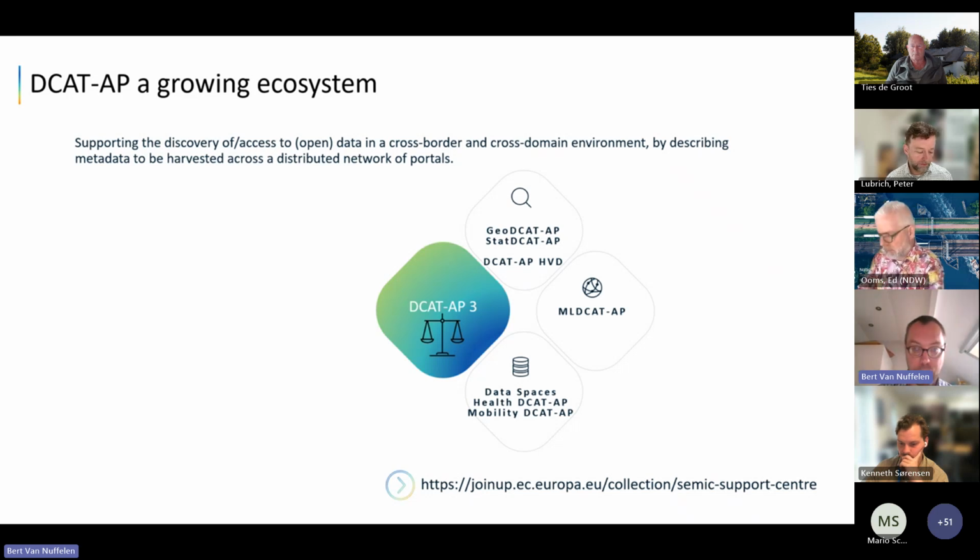We have mobility today, but health is also coming soon with the first release of their specification. We also had some earlier data space-like specifications like geospatial and statistical data. We have today the high value data sets annex for DCAT-AP, but we are also looking towards more technical areas like machine learning, algorithms, how they deal with data, and how we can bring that knowledge to the whole community.